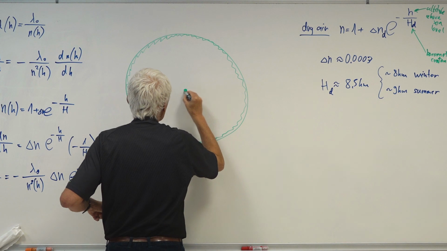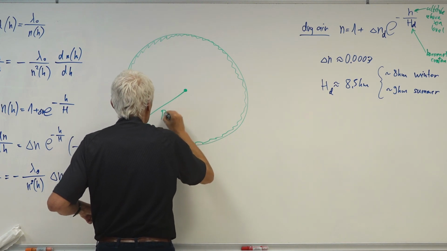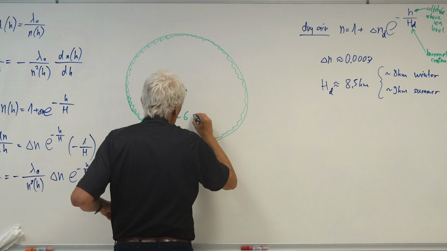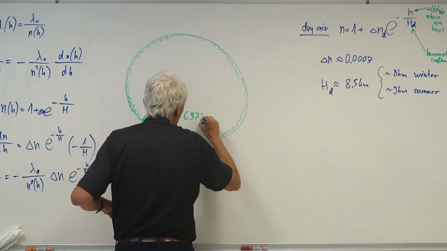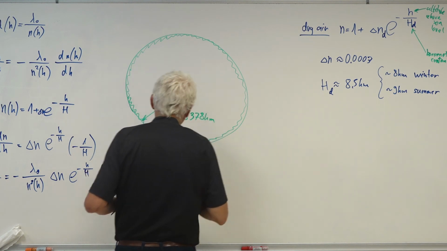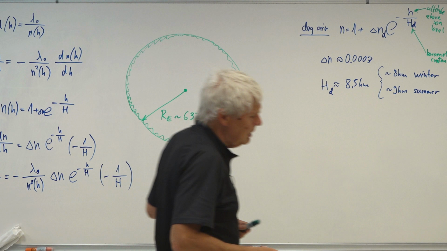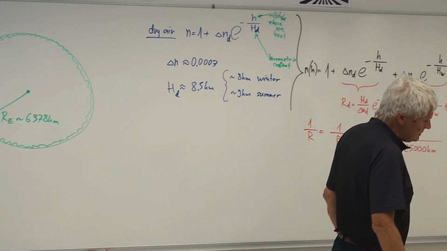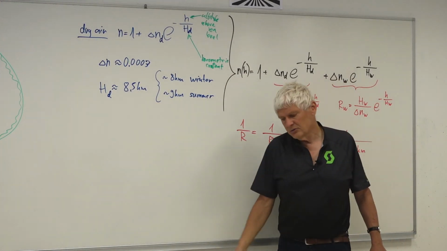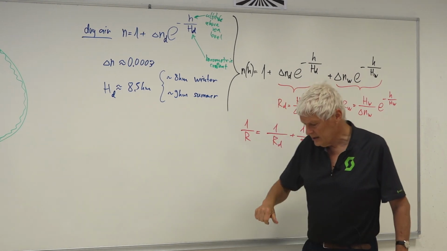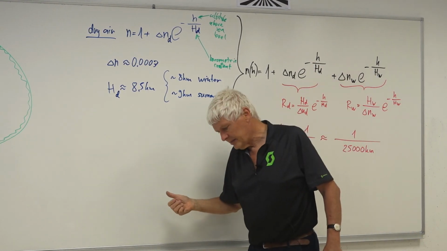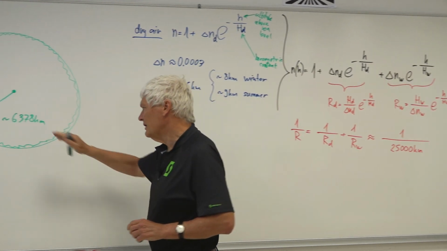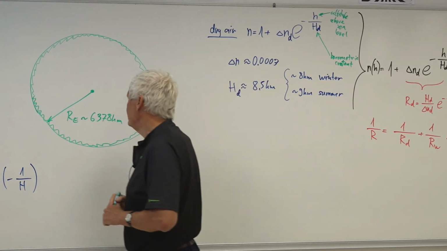So the radius of the Earth is approximately 6,378 kilometers, and this is very approximate. More accurately, we should model the Earth as an oblate ellipsoid, with an equatorial radius that's larger by 21 kilometers than the polar radius. But we are only taking the equatorial radius here for our approximation of the Earth.